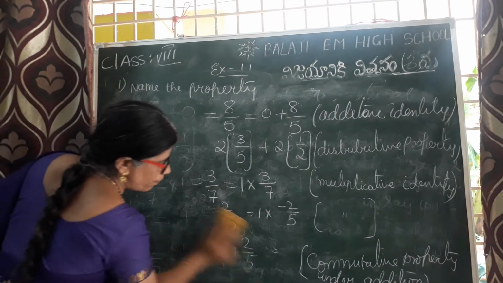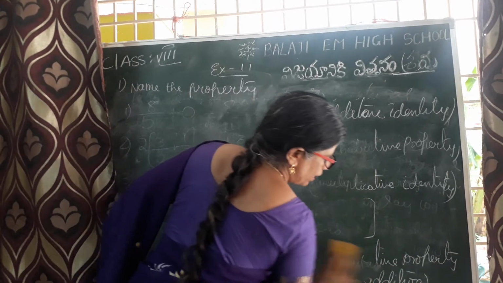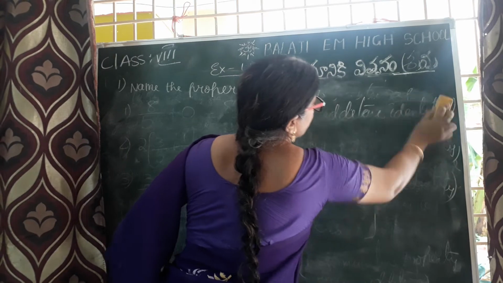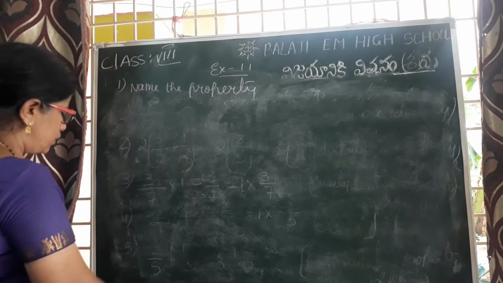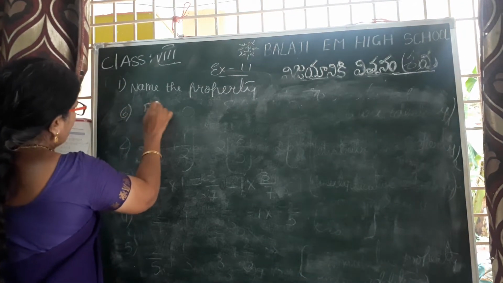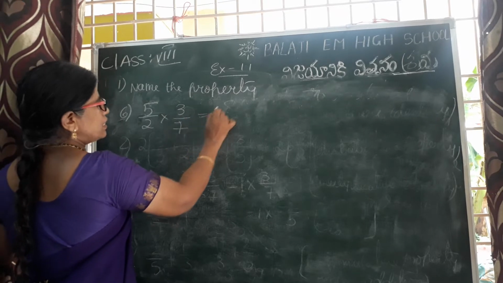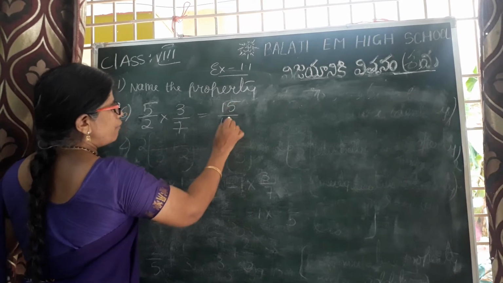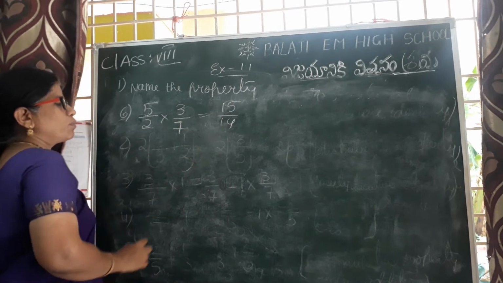Five properties have been explained, and the sixth one is to be explained now. Here we are given 5 by 2 into 3 by 7 is equal to 15 by 14. 5 into 3 is 15, 2 into 7 is 14.